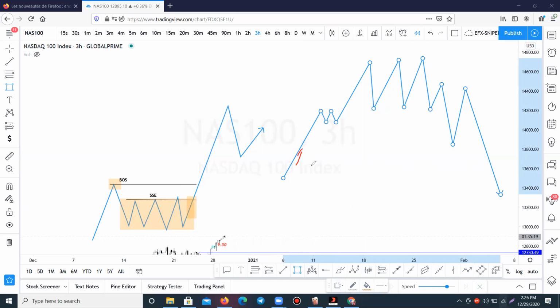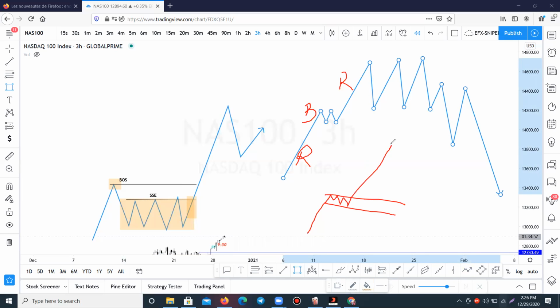I don't know if you know this topic of rally-base-rally. Market creates a base, then market rallies again. There is something that we call like this: market rally, market creates a base. This is our base. Then market rallies again.